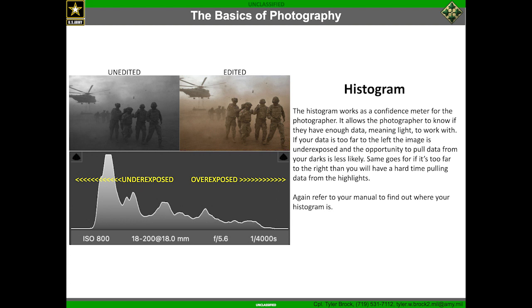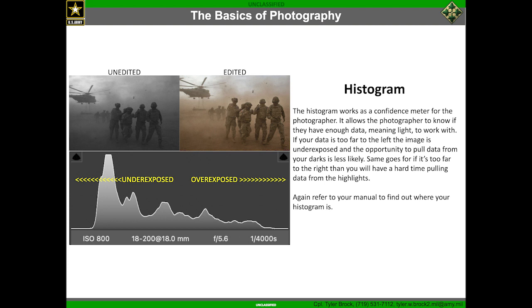But anyway, as you can see with my unedited image, it's not great. My shadows are pretty dark. My highlights are pretty underexposed. So it seems like an underexposed image. However, if you look at the histogram, it's telling you I have data within my entire image.